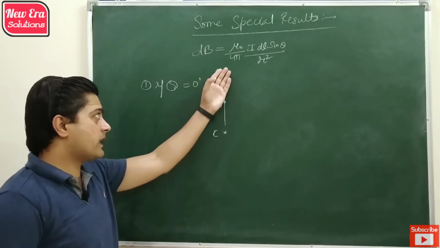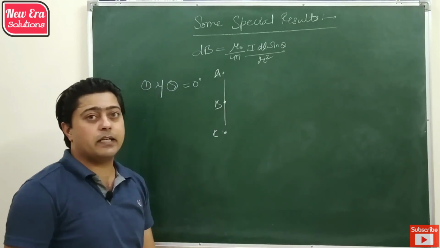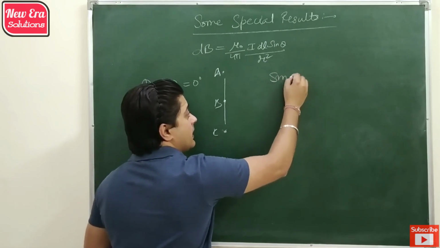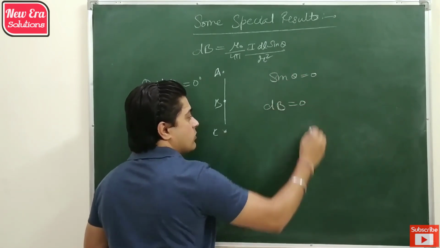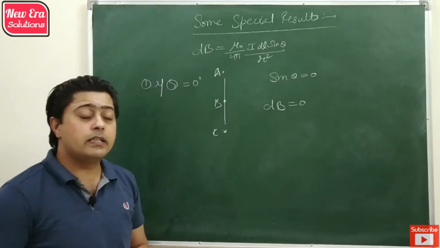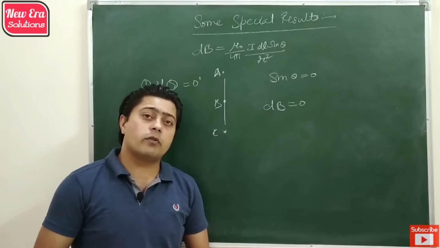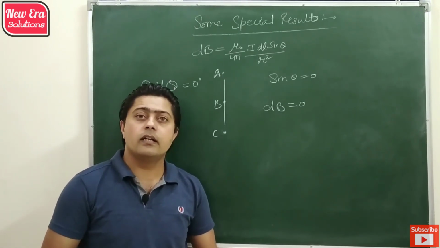So if a point lies on the axis of the current carrying element, in that case sin theta becomes 0 and the magnetic field is also 0. So there is no magnetic field in the line of current, or at any point on a current carrying conductor.